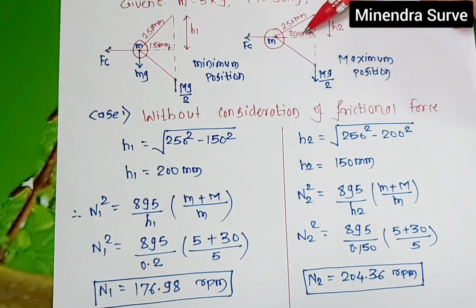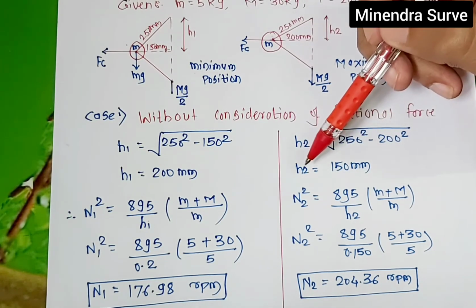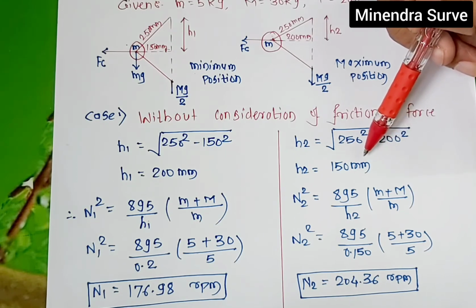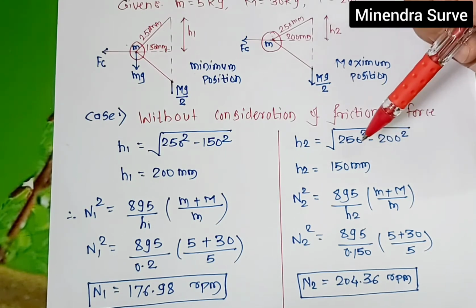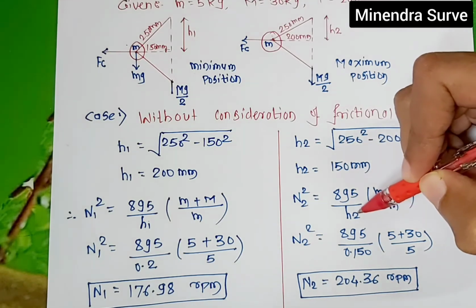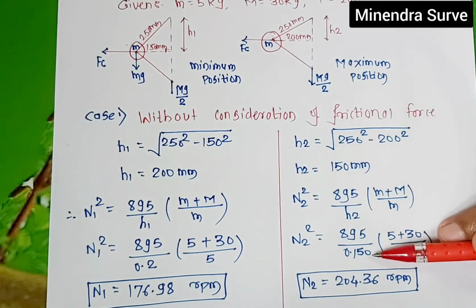You will get H2 equal to 150 mm, that is 0.150 meter. Similarly, calculate N2: N2 squared is equal to 895 by H2, the same expression. Just put the value of H2 in meters, 0.150 meter.